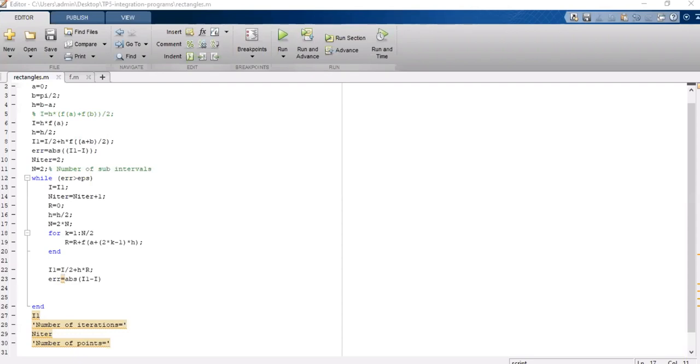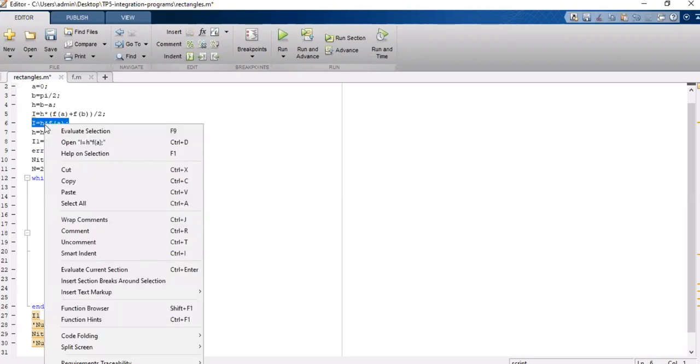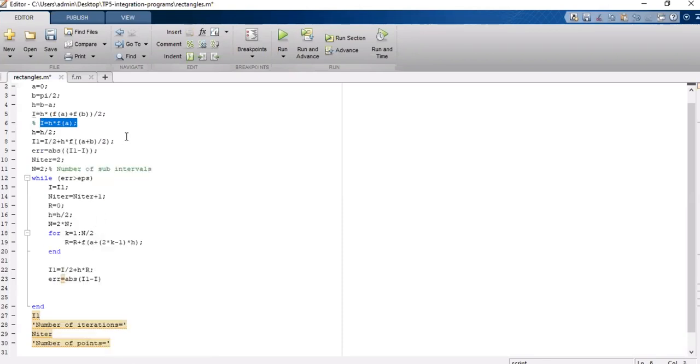Now, if instead of using this, I use this, I get number of iterations equals 8. So I reduced the number of iterations by 2 just by changing the method.